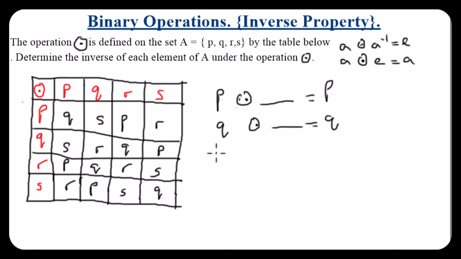What am I combining with R that gives me R itself? And lastly, what do I need to combine with S that gives me S itself? So P O dot dash equal to P, Q O dot dash equal to Q, R O dot dash equal to R, S O dot dash equal to S.